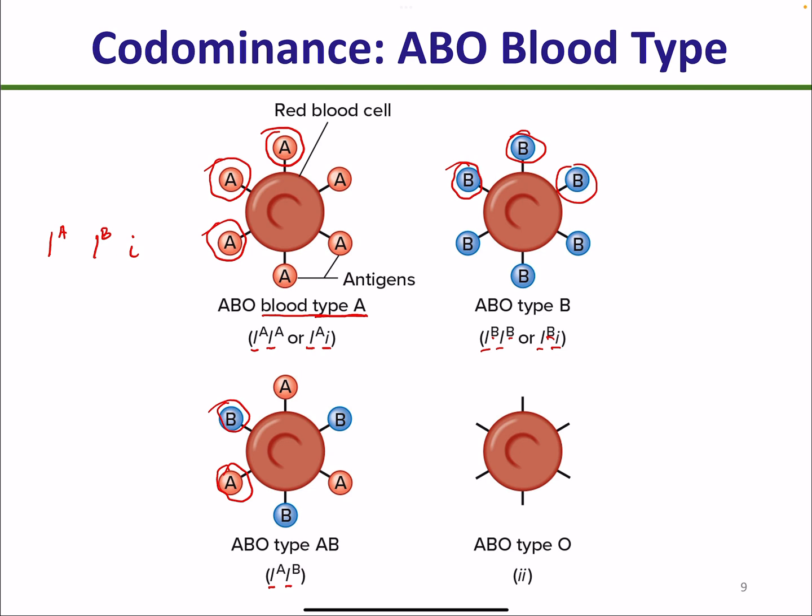How about individuals that are type O blood? Those with type O blood are going to have one single possibility: lowercase i i. These individuals do not express any antigen.